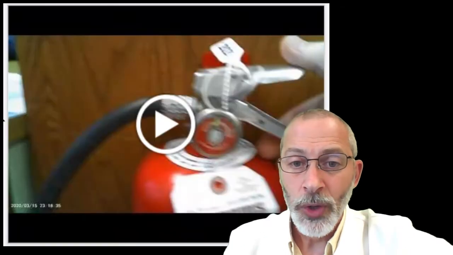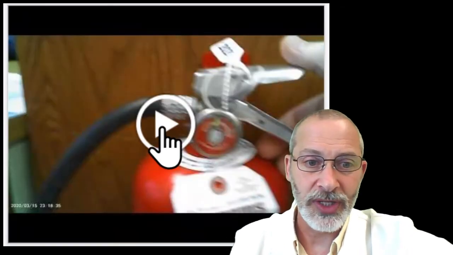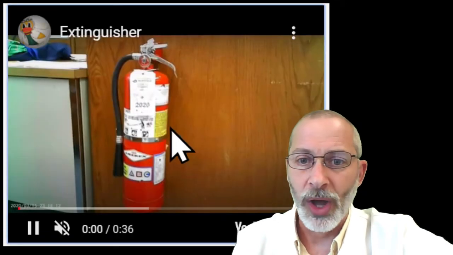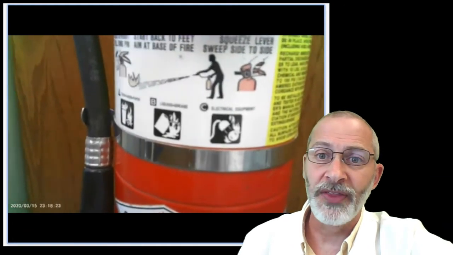And so we have fire extinguishers in the lab, and here's what they look like. You'll notice they are checked every year to make sure that they are up to date. There are instructions on them to stand back 10 feet, and you'll see that they are rated for all types of fires, A, B, and C. Here is the nozzle.